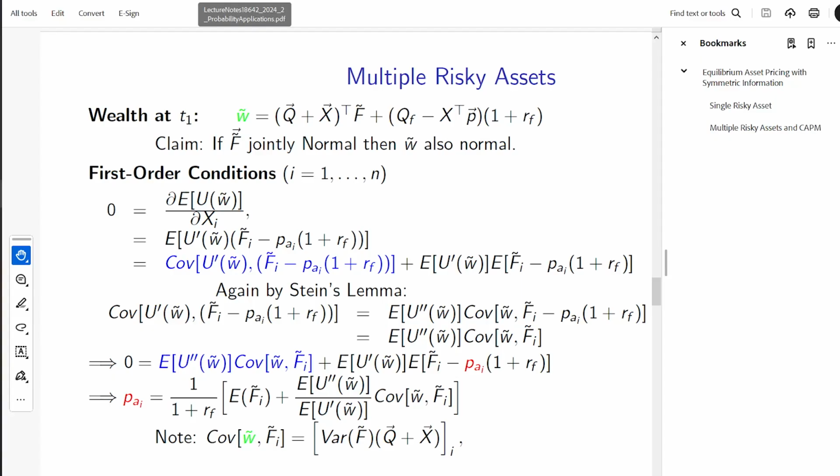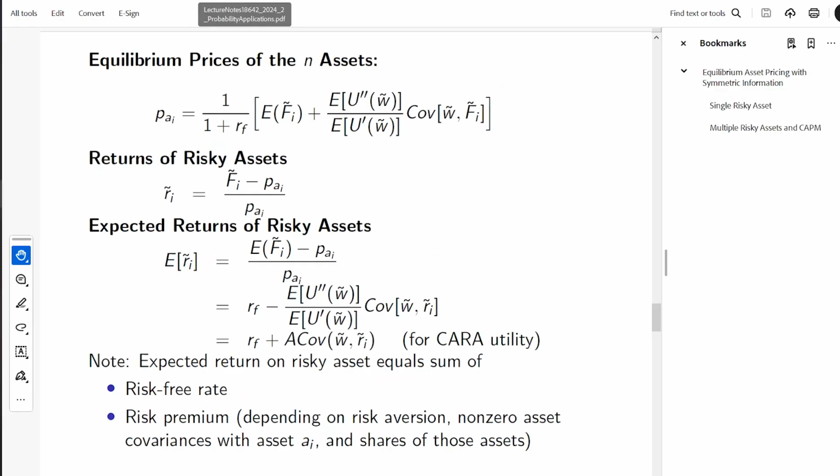And we end up getting, at the end of the day, different equilibrium prices for the different assets that are discounted expected values of the price plus a penalty depending upon the risk aversion of the agent. And so we end up getting this final result here.